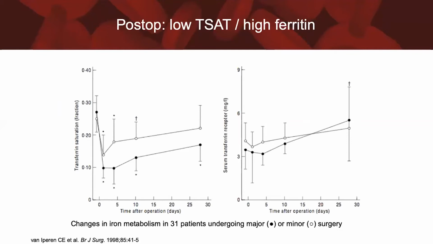Those patients also have a decrease in transferrin saturation, which is also linked to the inflammation. So in the postoperative period, patients have higher ferritin, lower transferrin saturation, and you can't use those biological markers to diagnose iron deficiency.